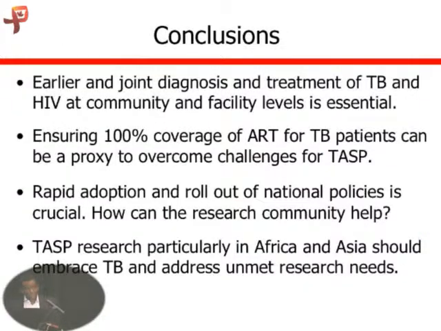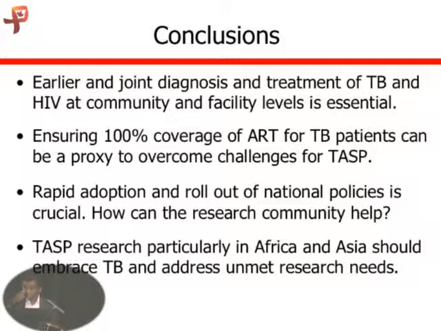So on a serious note, in conclusion, we have to promote earlier and joint diagnosis and treatment of TB and HIV at community and facility levels, and ensuring 100% coverage of ART for TB patients can be a proxy to overcome challenges for TasP.